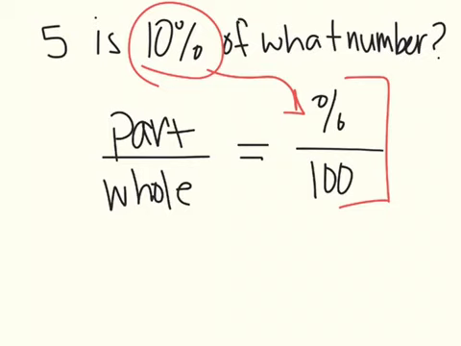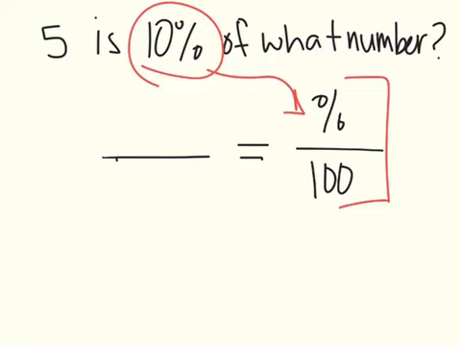So if we work through this problem, I'm going to erase the part, the whole, as well as the percent. Your 100 will always stay there. It's always a constant. It's always going to be in this equation. I'm going to take the percent, the number 10, and write it over 100. And then I'm going to look at 5.